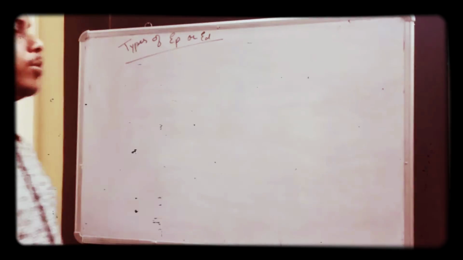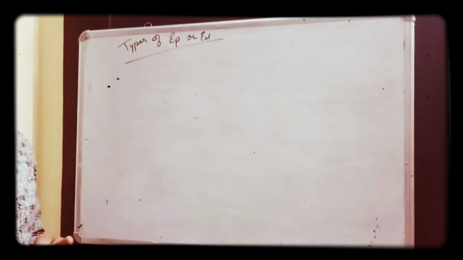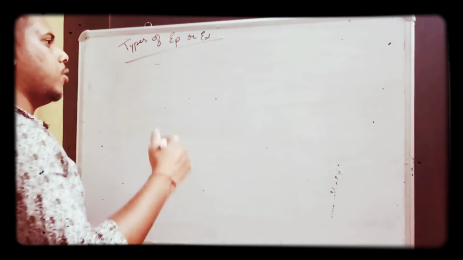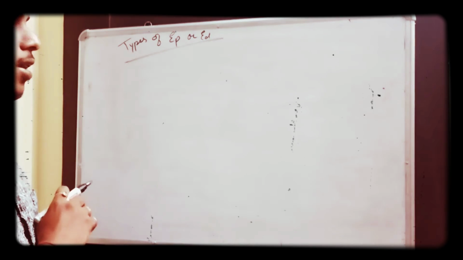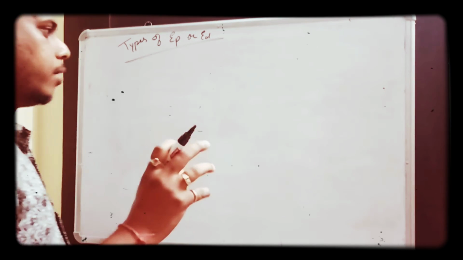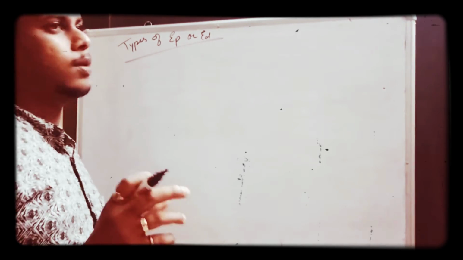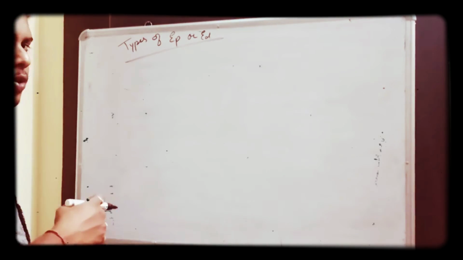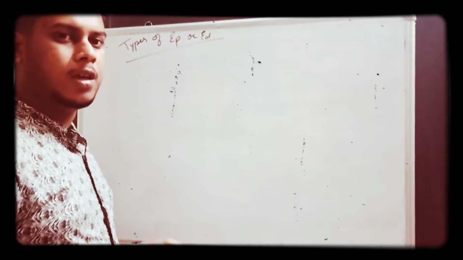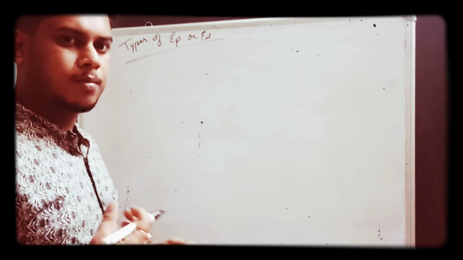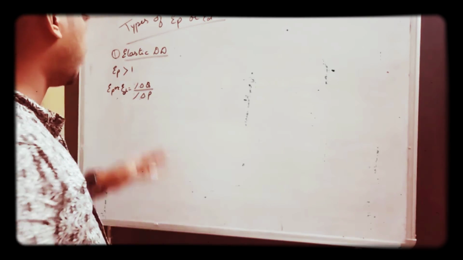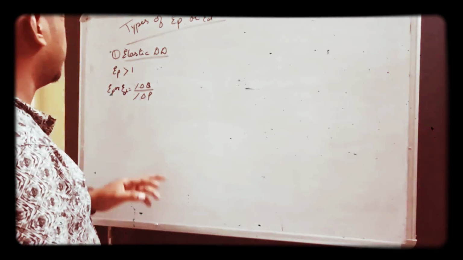Now, how many types are there? There are 5 types of price elasticity of demand. We will draw the diagram and understand the concept in a very precise and simple manner. We won't go into much of definitions, rather we will try to show the elasticities with the help of a diagram. So let us start with the first type of price elasticity.